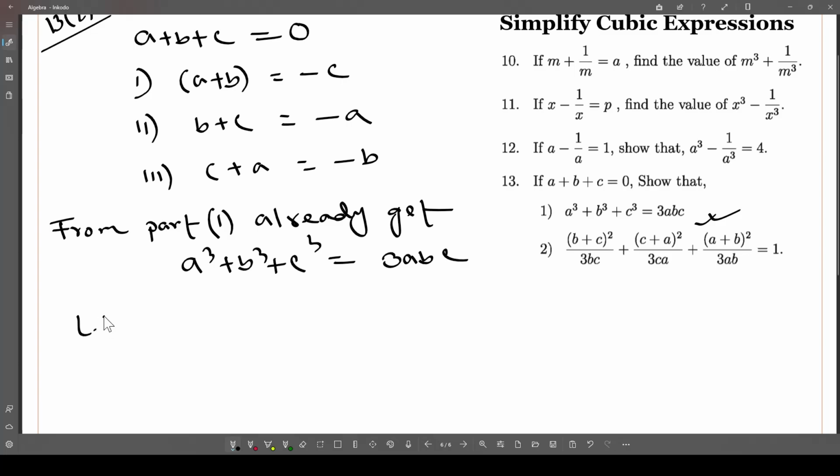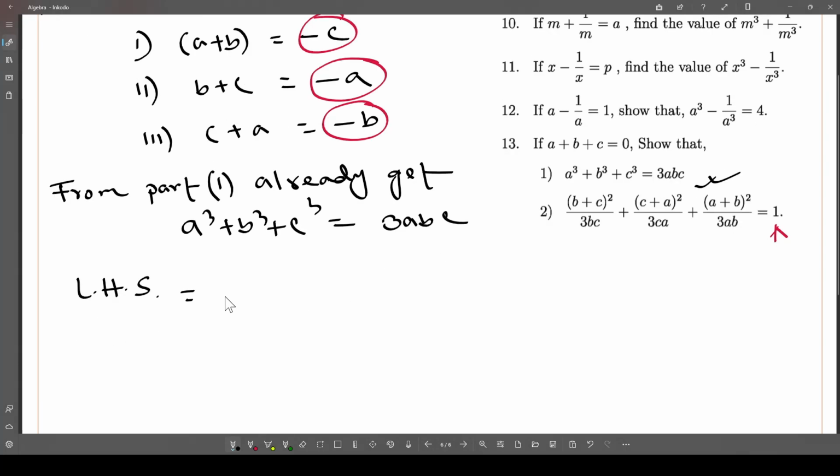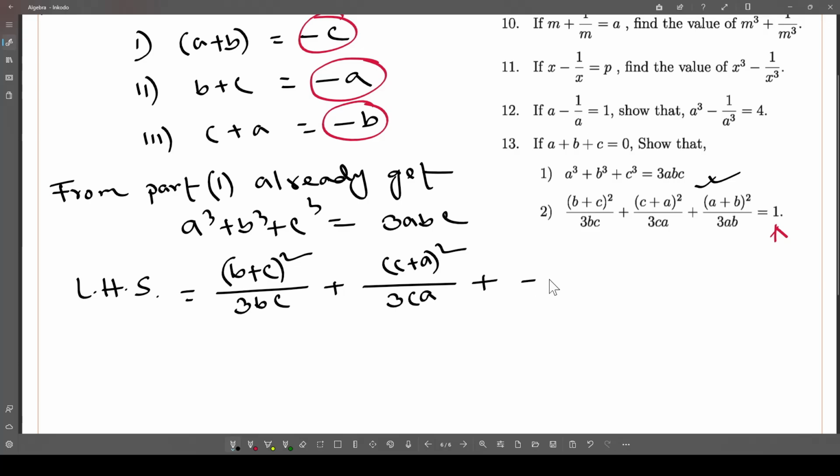Therefore left hand side: b plus c whole square divided by 3bc, plus c plus a whole square divided by 3ca, plus a plus b whole square divided by 3ab.